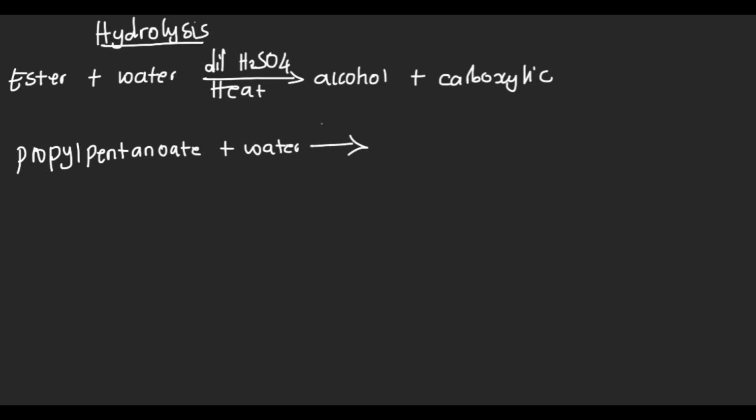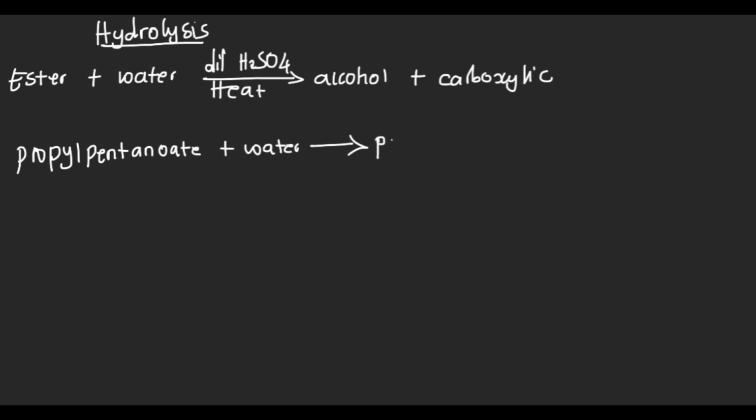So what alcohol and carboxylic acid can we form? We can see that the first part here, the propyl, where there is YL, indicates the alcohol that was used to produce this ester.